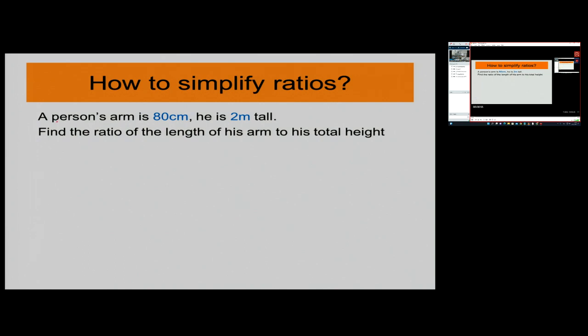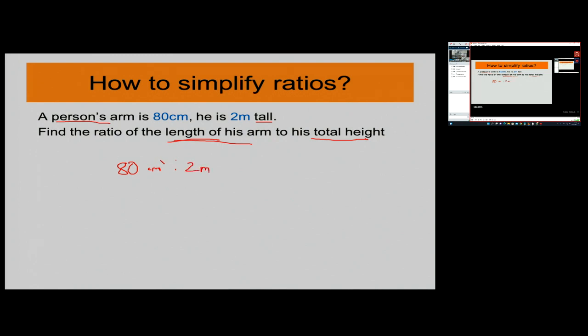So we are dealing with the length of his arm to his total height. So you will have 80 centimeters, the ratio of the length of his arm to 2 meters, because it's his total height.